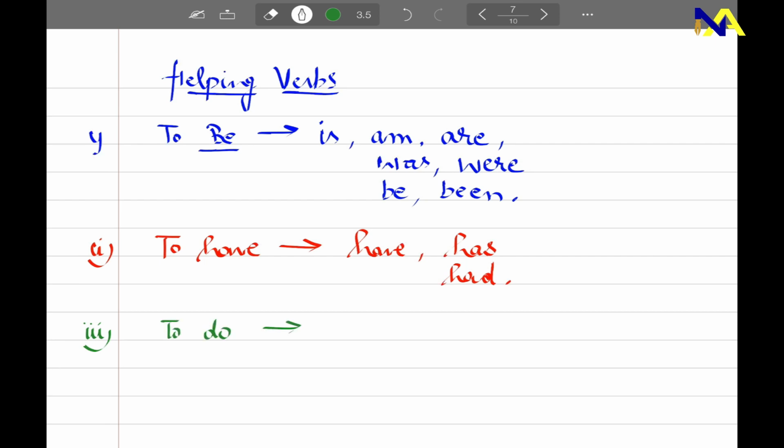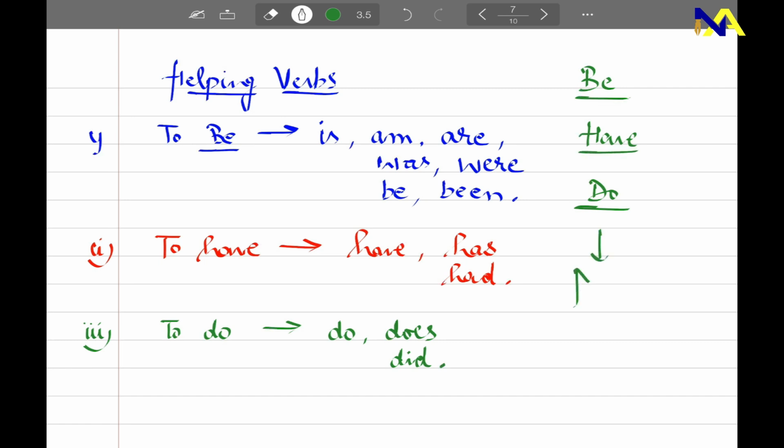In a similar manner, do and does for the present and did for the past. Okay, so these are three main helping verbs. Understand? Be, have, and do. One more thing, that these three helping verbs can actually be used as main verbs as well. They can also act as main verbs.